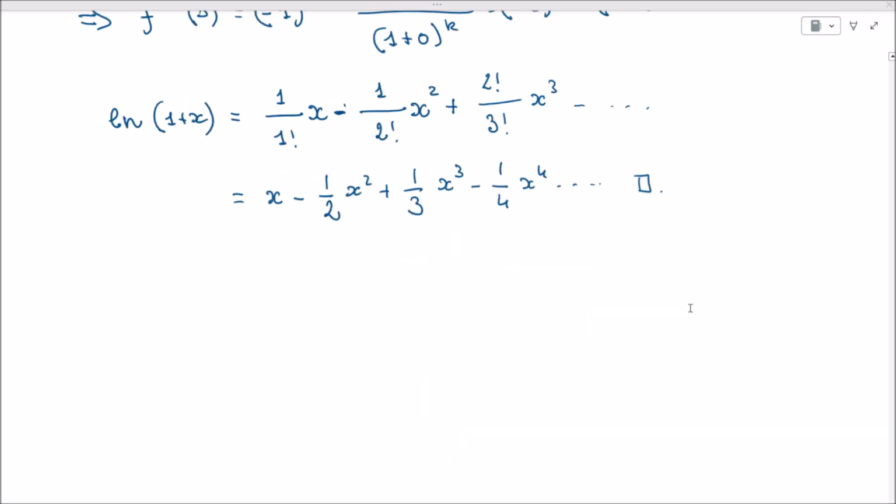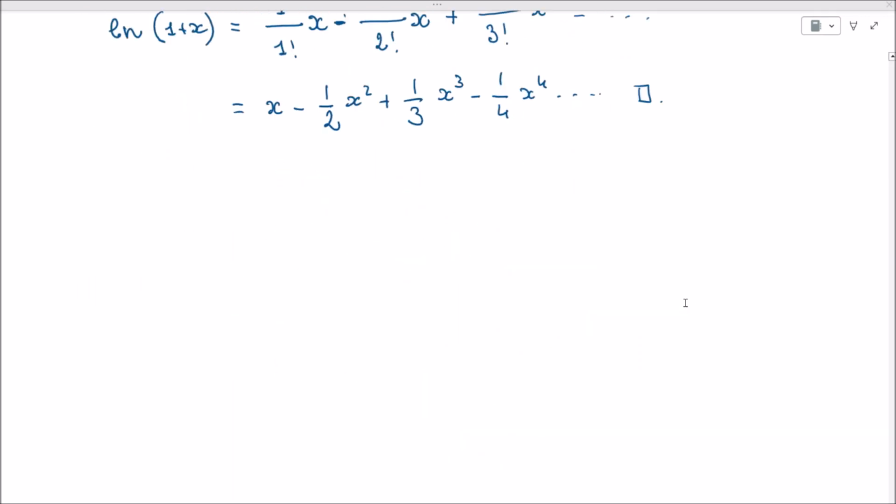For the final formula, which is the power of 1 plus x with the real exponent alpha. Remember that this formula is 1 plus alpha x plus alpha times alpha minus 1 divided by 2 factorial x squared plus the coefficient of x cubed.